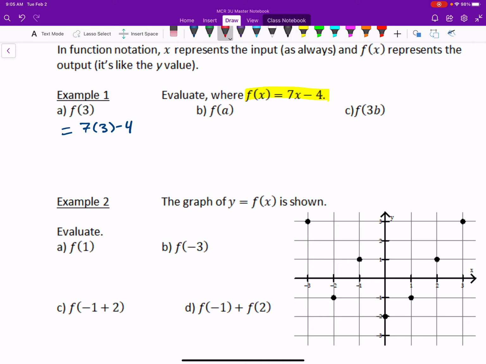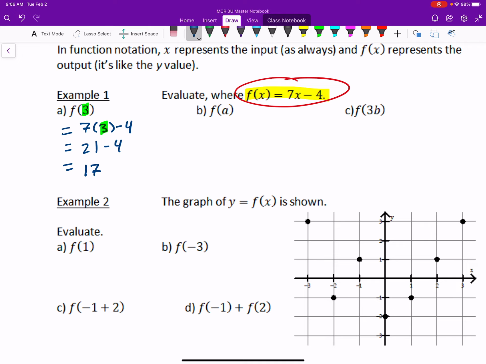You can think of this like a formula, and what goes in the brackets, like 3 in this case, is what we're substituting into the formula. Then I just follow order of operations like normal. 7 times 3 is 21, take away 4, equals 17. So f at 3 equals 17. What does that mean? It means that when x equals 3 in this equation, y is going to be 17.